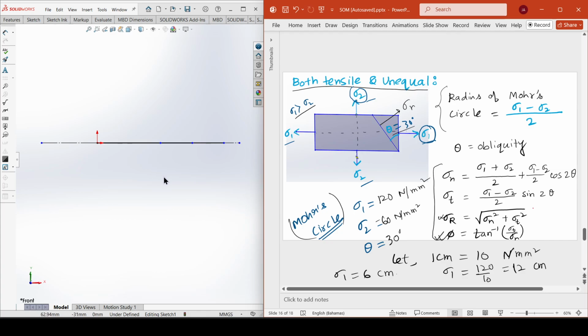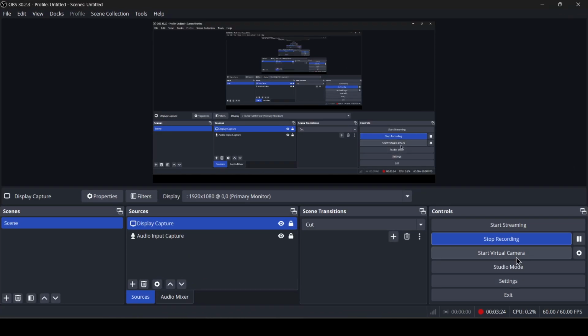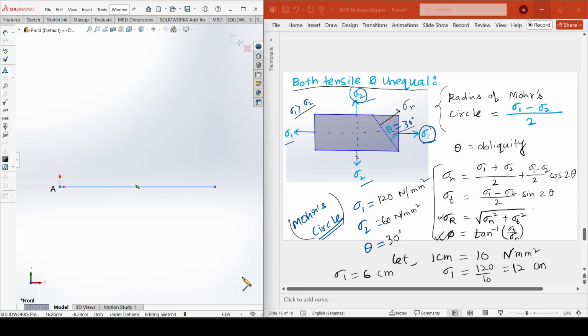Sigma 1 is 12 centimeter. Sorry, this is sigma 2, which is 6 centimeter, and sigma 1 is 12 centimeter.